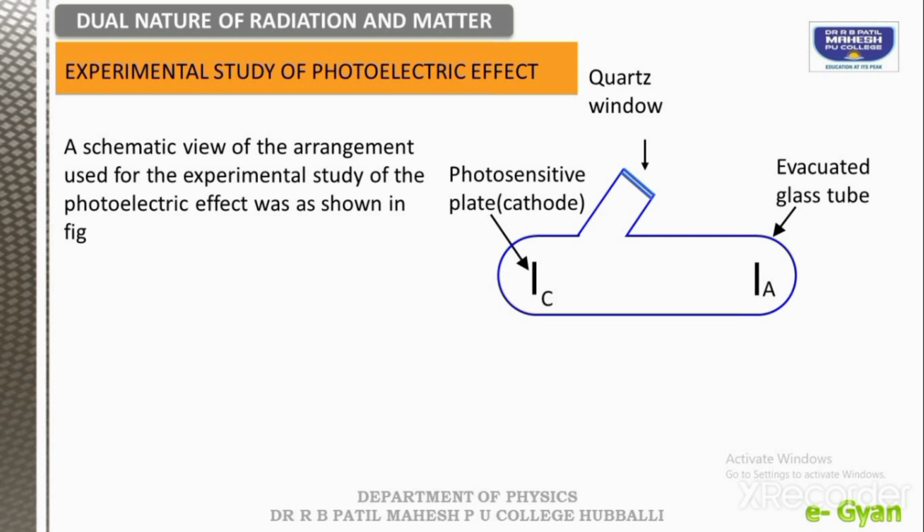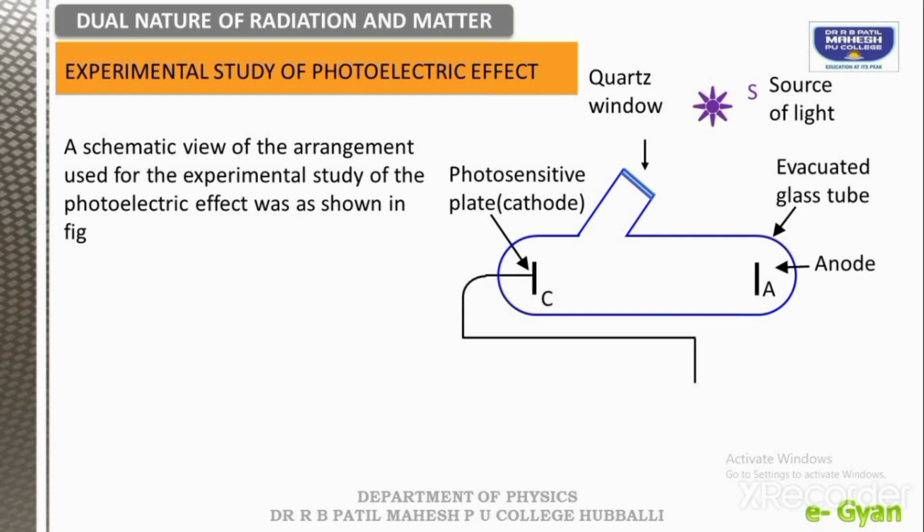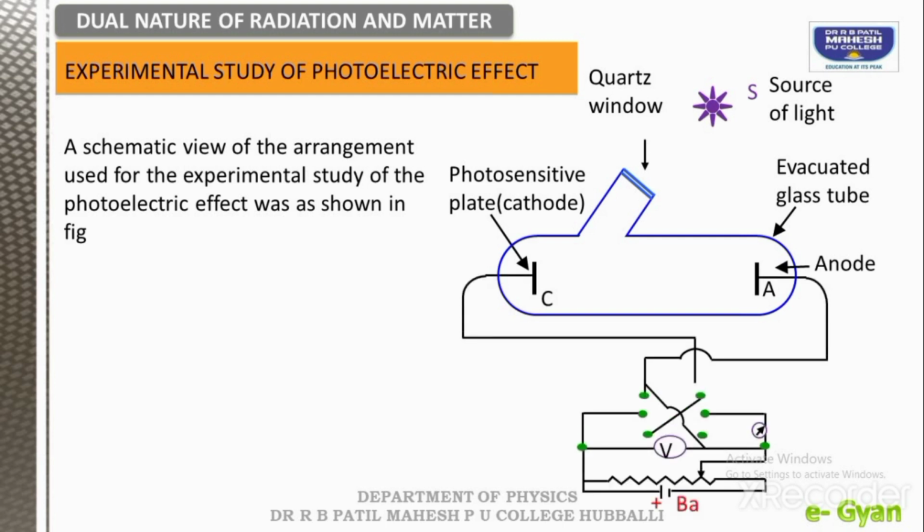A represents the anode, which we can also call the collector plate. S represents the source of light, and we are using a commutator to alter the direction of current. Sometimes we can make the cathode positive, and we can even reverse it also.